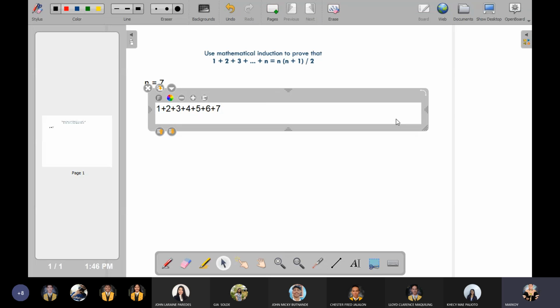On the right side, we have n, which is 7, times 7 plus 1 divided by 2.